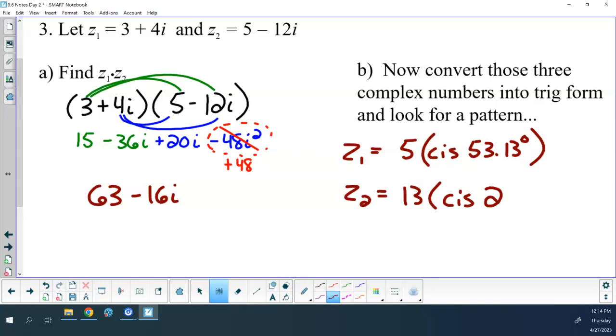What was it? Well, so in the warm-up problem, what was the angle? 292.62?